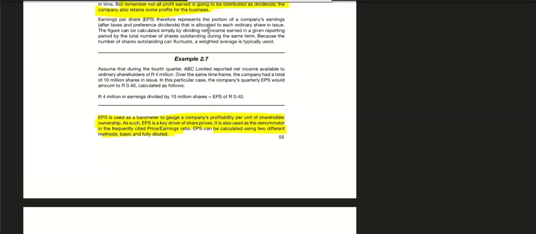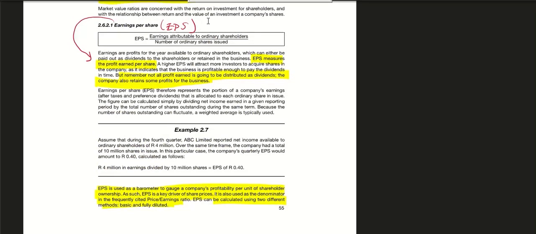And what do these do though? They provide us a good indication. For example, in the case of earning per share, we're looking at the profit earned per share. It's quite a good indicator. Obviously, the more, the better, but we must also remember that the profit that is earned is not necessarily distributed as dividends to the shareholders.